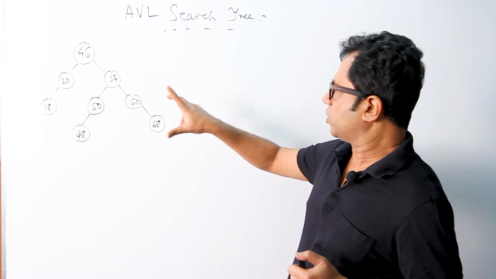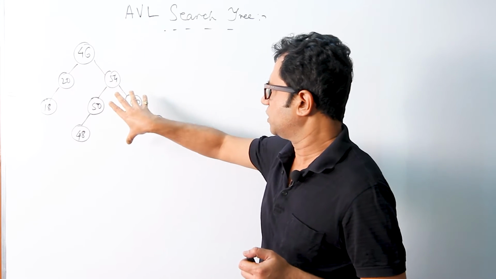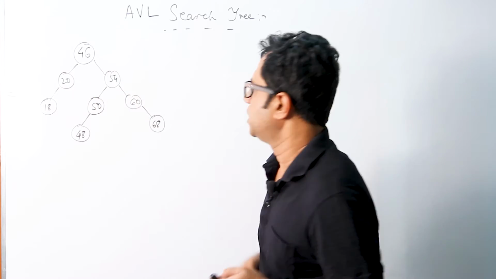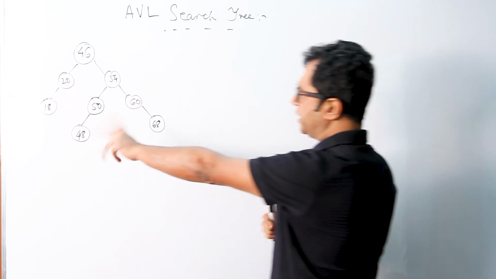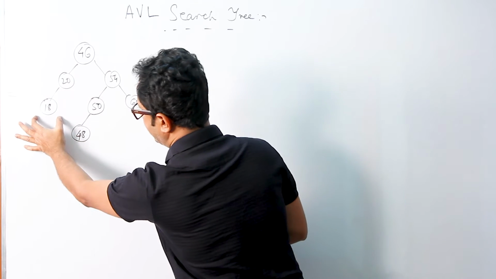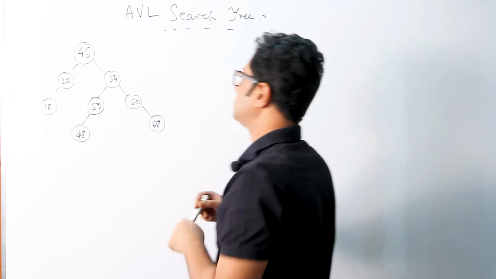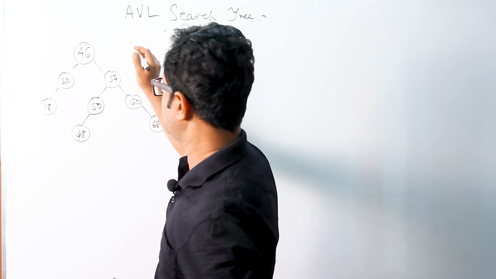And this L rotation is to be performed on this AVL search tree after the deletion of some of the nodes. So suppose we delete this 18 from this figure, if we assume it to be an AVL search tree, first let us verify the balance factors and confirm whether it is an AVL search tree.